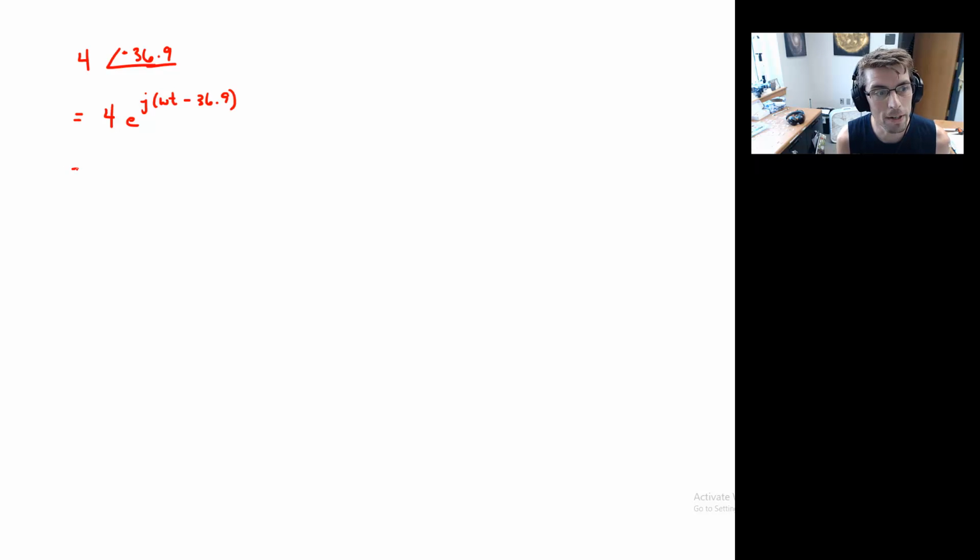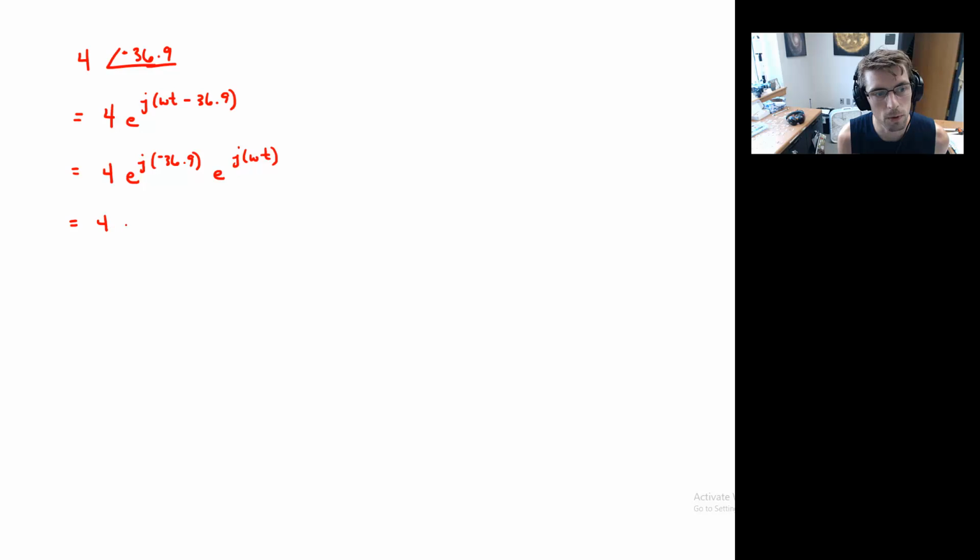So we'll leave that there. Okay. But now I'm going to break this up. I'm going to call this 4e to the j times negative 36.9. Okay. And then I'll put e to the j omega t here. And now let's go ahead. I'm going to apply Euler to both of these expressions.